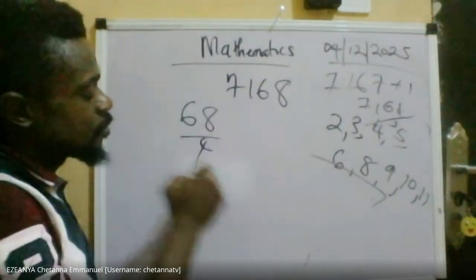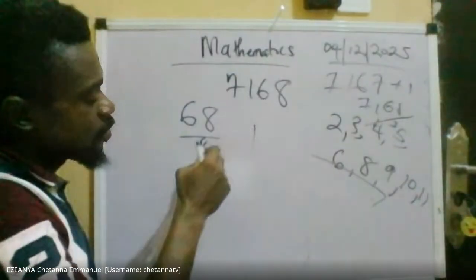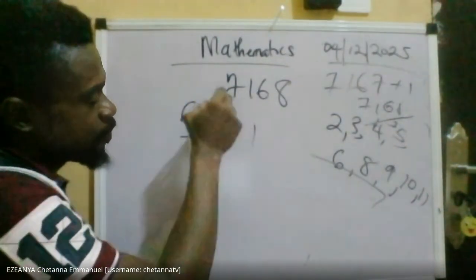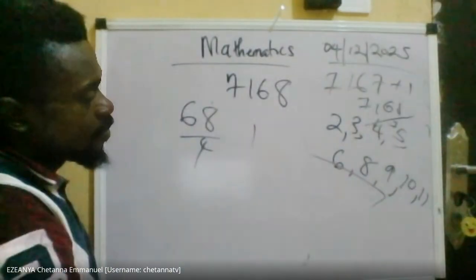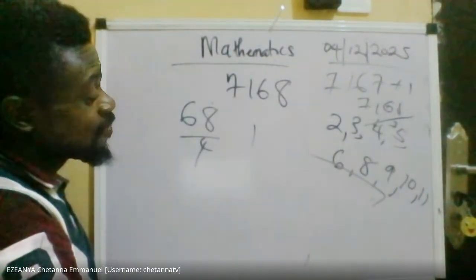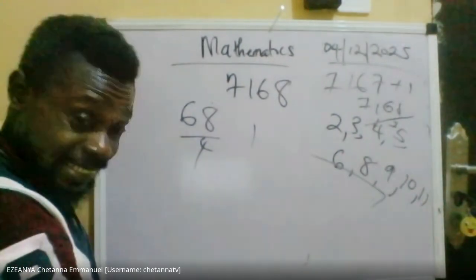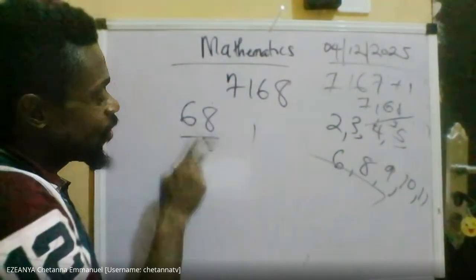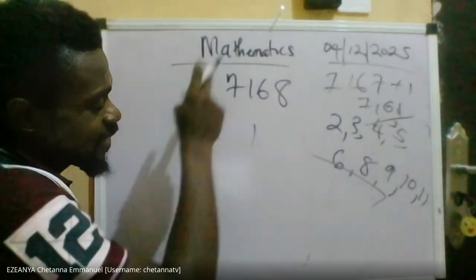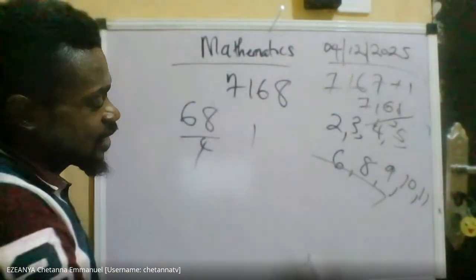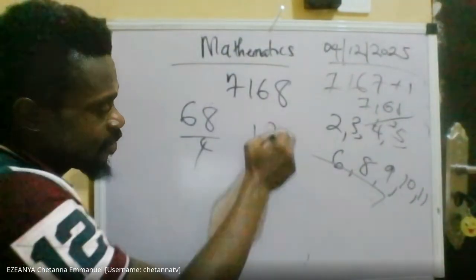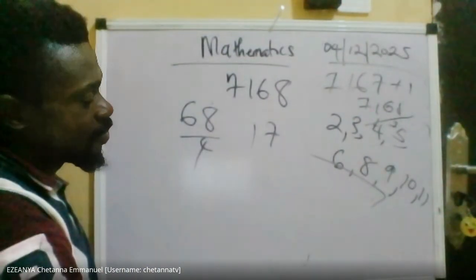Let's do it here. 4 divided into 6 is 1 remainder 2. 2 times 10, 20, plus 8, 28. 28 divided by 4 is what? 7.